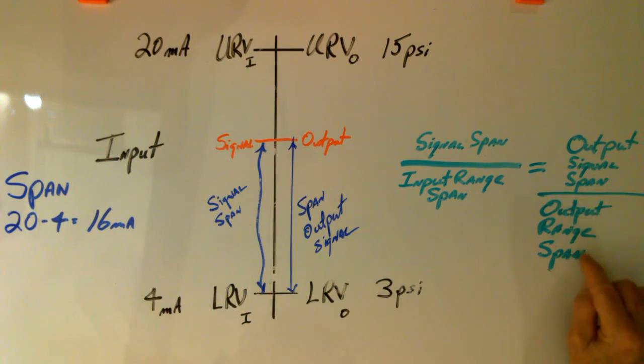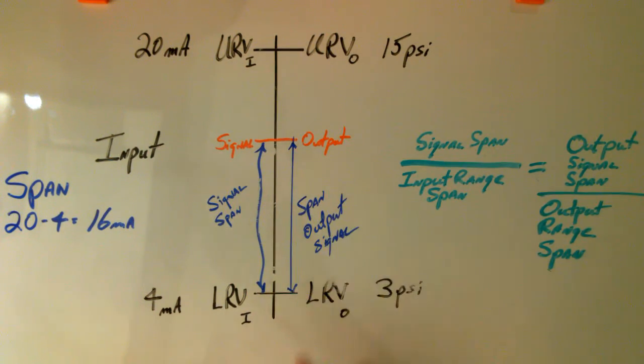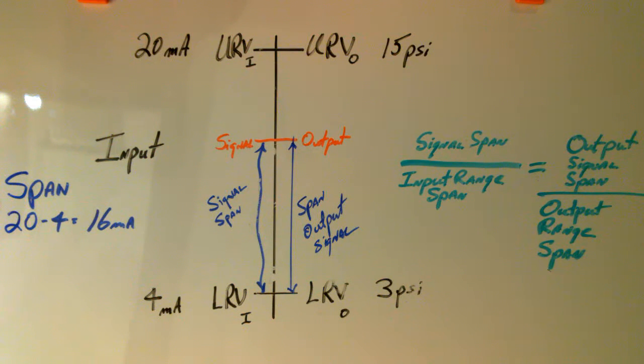And the output range span is the distance from here to here. So if you have one unknown in this set of ratios, you can solve for that unknown. We'll continue on to the next video, a short one.